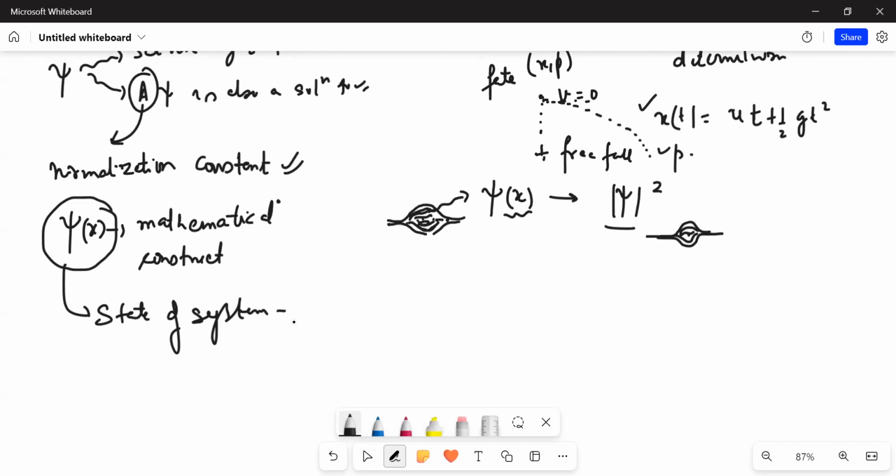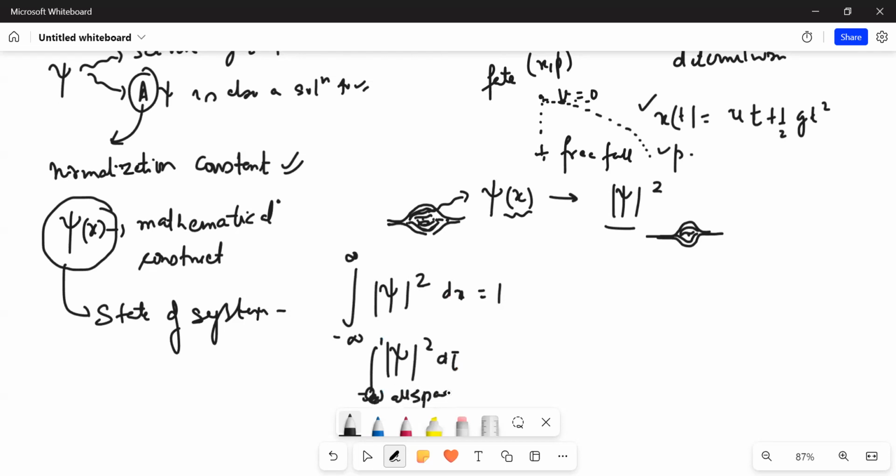Okay, so one thing is very much clear: if I use this condition on psi mod whole square, you know what is the condition for certainty and probability? If I say that the event is certain, then the probability must be 1. So indeed, this gives us the condition that the integral from minus infinity to plus infinity of psi mod whole square dx, or if it is in 3 dimensions then d tau, over all space, should be equal to 1.